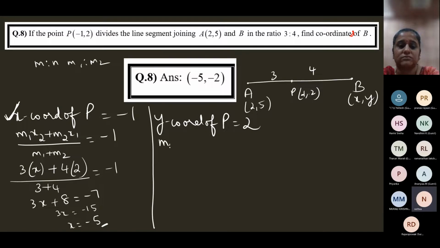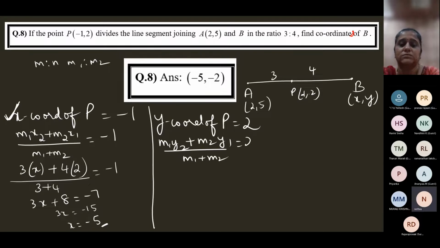Applying the same formula and substituting the value of B. Same formula means M1 Y2 plus M2 Y1 by M1 plus M2 is equal to 2.